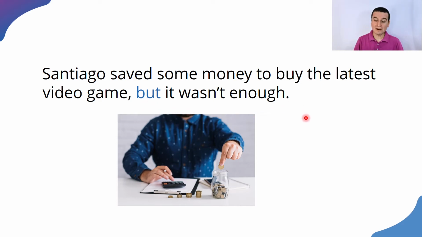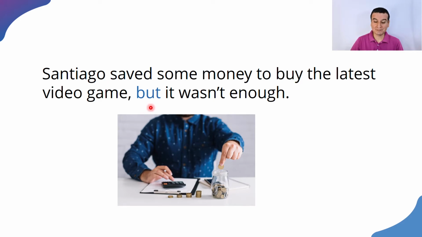If it wasn't enough, that is not good. He saved some money, it wasn't enough, so that is contrast. Very good. All right, and actually we have the word but there. It helps a lot to see it there because you already know that you learned that but is a word that expresses contrast.